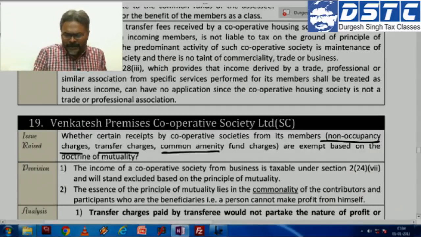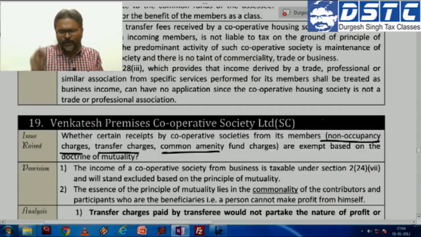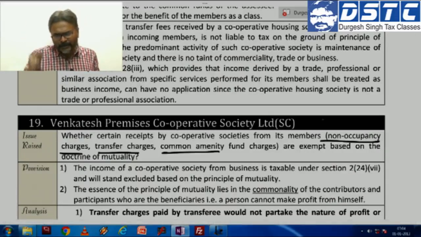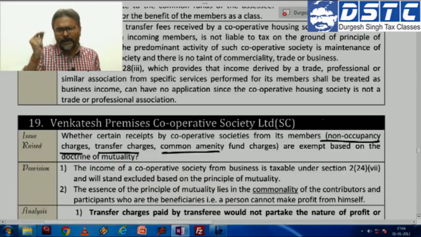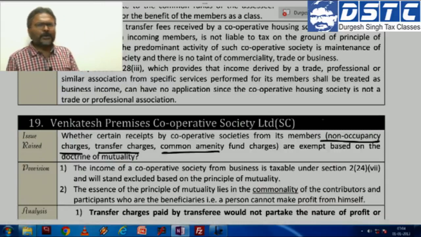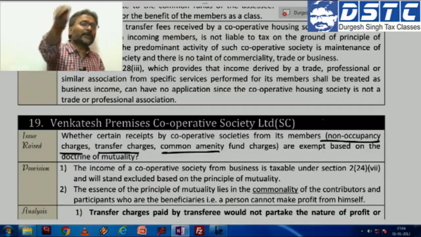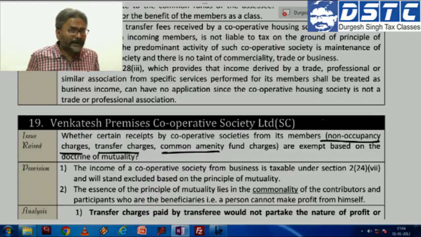However, here the question was about some specific charges put forth in the name of non-occupancy charges. Now what are these non-occupancy charges, students? That you are not staying, but you have given it on rent to someone else.